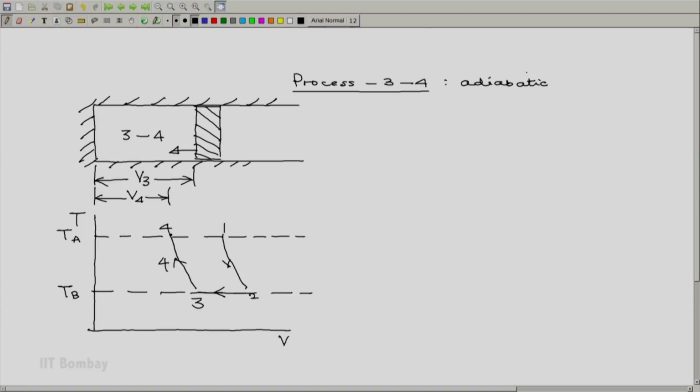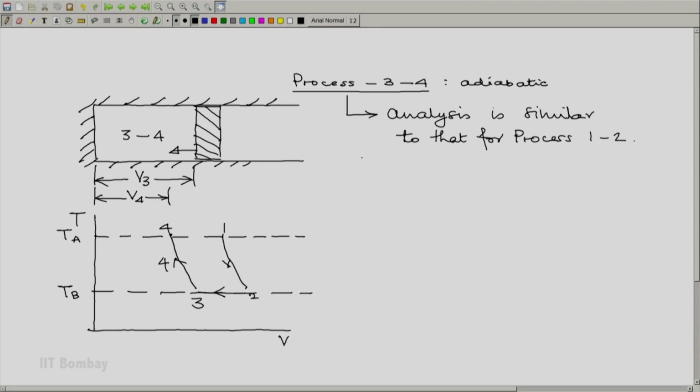We will now analyze process 3-4, which is an adiabatic process. We do not have to go through the detail. We should remember that the analysis is similar to that for process 1-2.